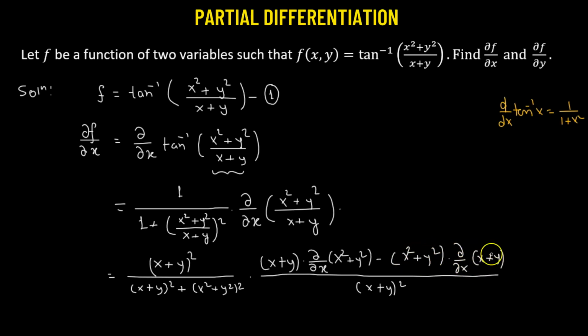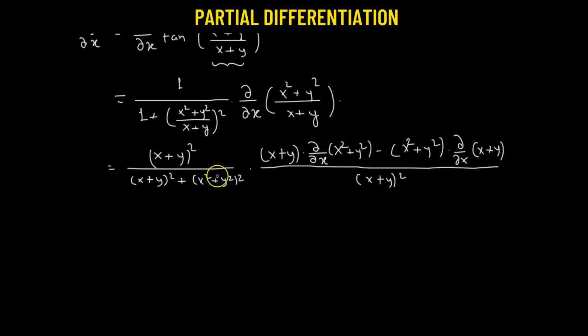So let's further simplify. Immediately x plus y whole squared will get cancelled out from both the numerator and the denominator. So we have 1 divided by x plus y whole squared plus x squared plus y squared whole squared.